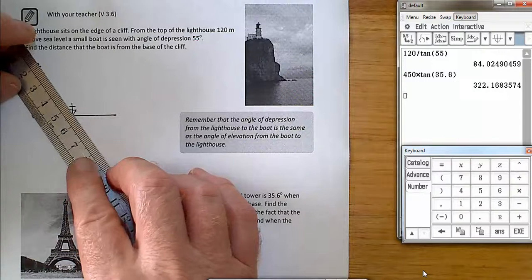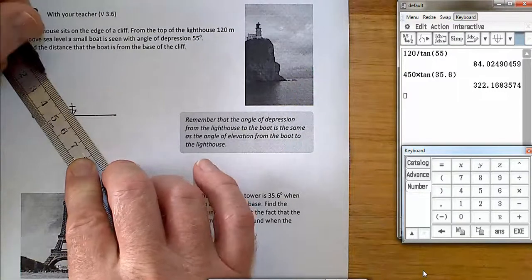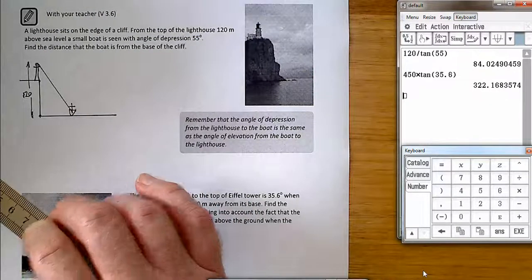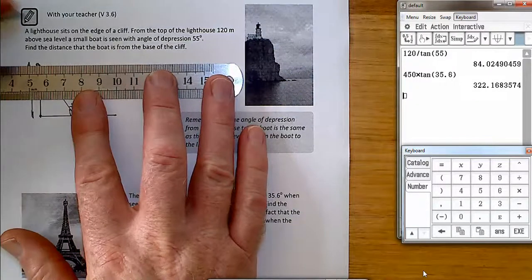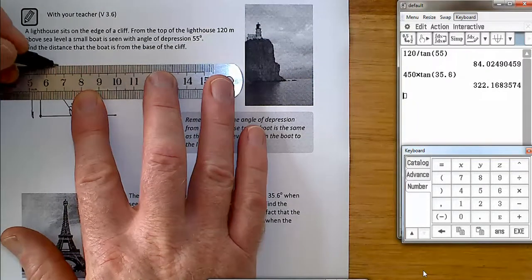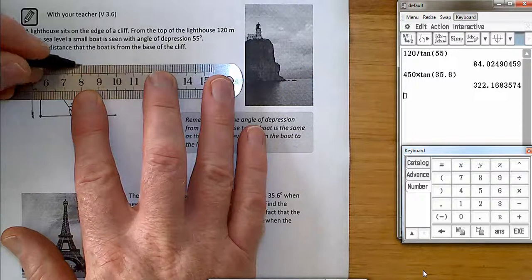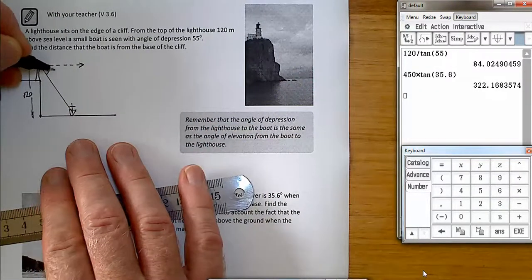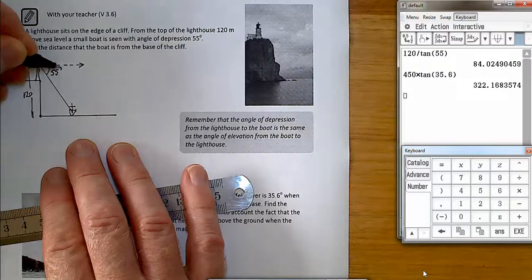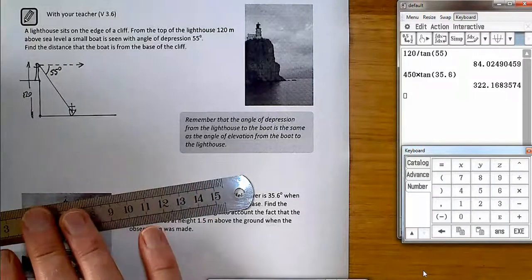So that means the angle looking down, and importantly, from horizontal. So from a horizontal line, we have to imagine a line going out there, looking straight out to oblivion. An angle looking straight out, that is the angle of depression, looking downwards from horizontal. That's 55 degrees.